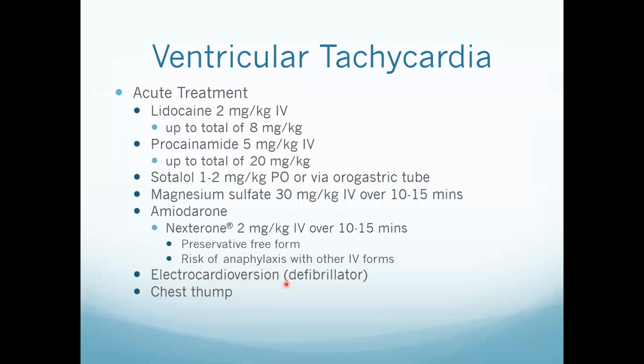With cardioversion, we're supplying energy by means of an electrical shock. With chest thump, you're applying energy by means of a physical shock, and that's going to stimulate all the cells to depolarize at once, and then you're going to hope that the sinus rhythm is going to come back as normal. So that's how both of those methods are going to work.